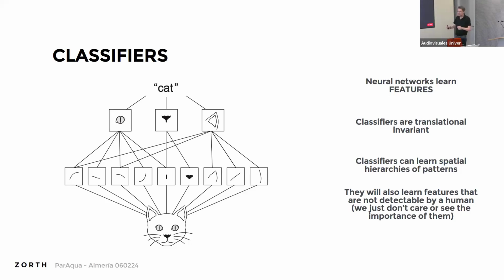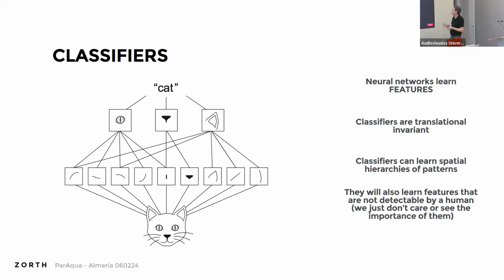There's a few properties that are super interesting there. One is that all those classifiers, they are translational invariant, by which I mean, if I move basically the whole face, I'm still going to see it as a cat face. So when you've trained your network, it doesn't matter if something moves a little bit. On classifiers, on objects, that's a little bit different. But on classifiers, it doesn't matter if you move it.